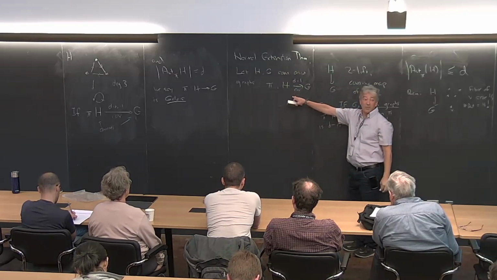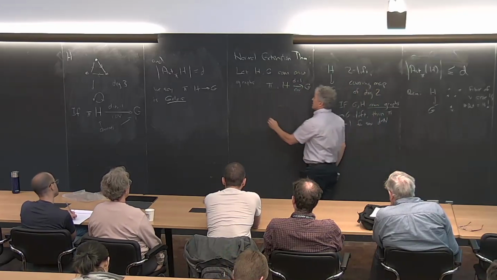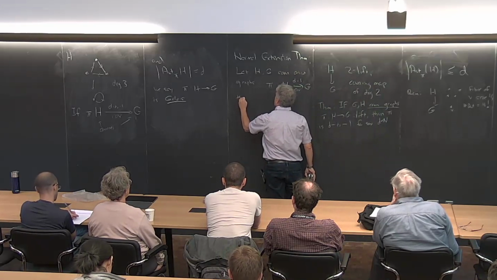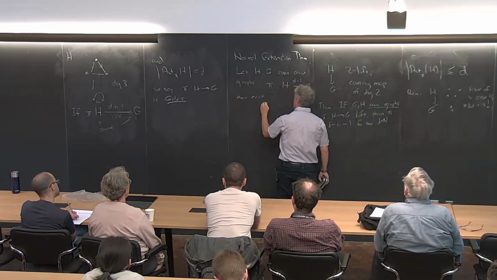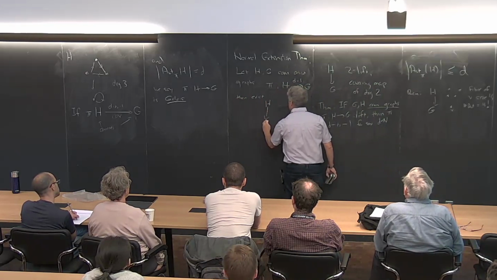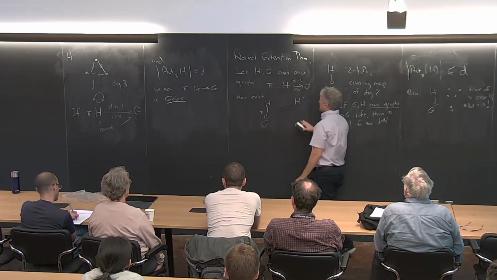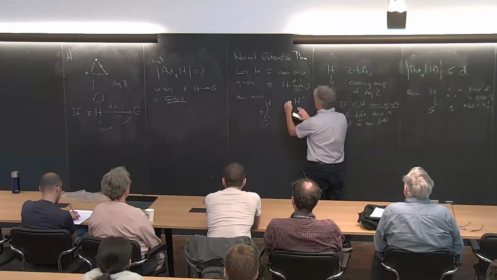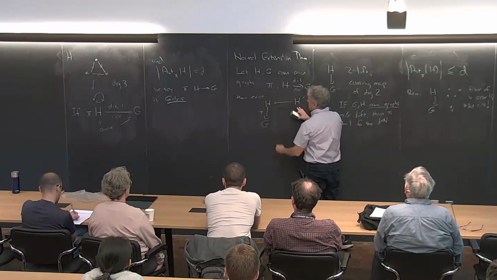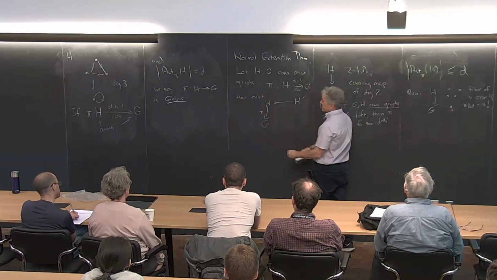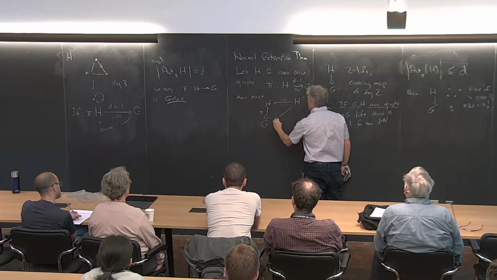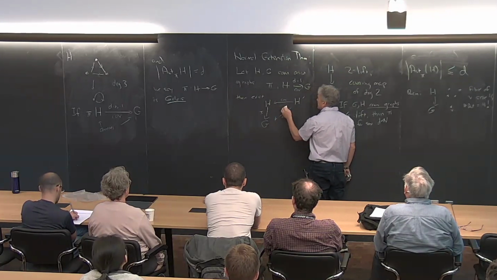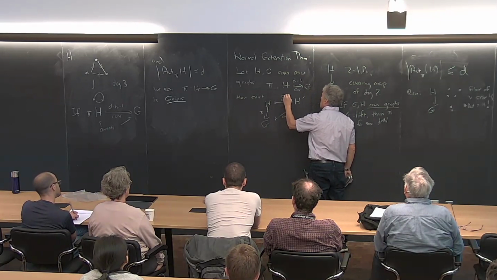Then there exists an H prime that maps to H and then down to G, where each map is a covering map, and in fact the composite is Galois.